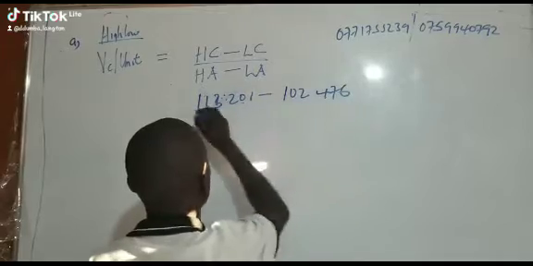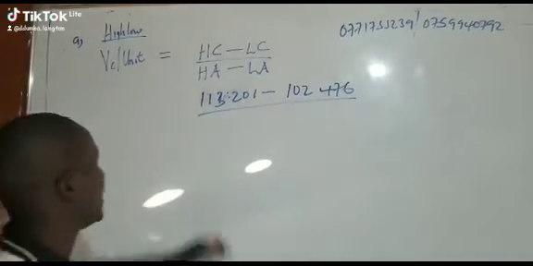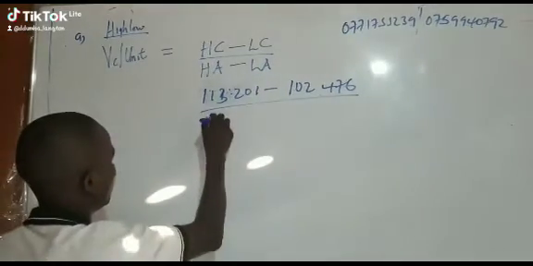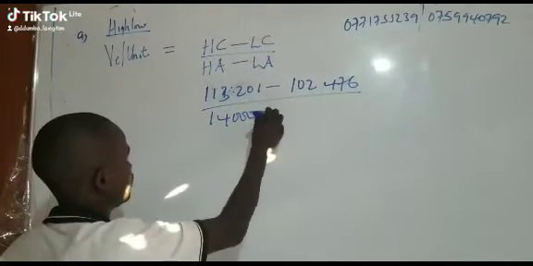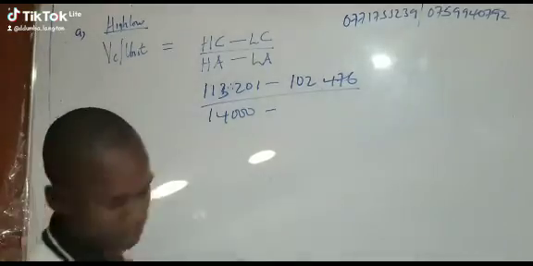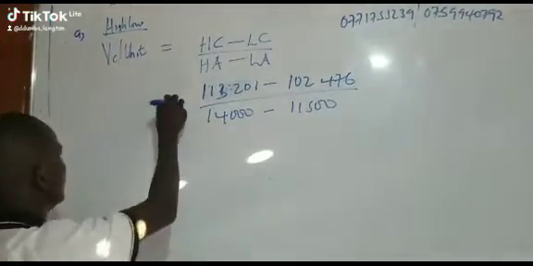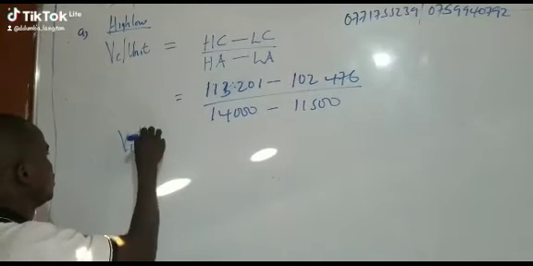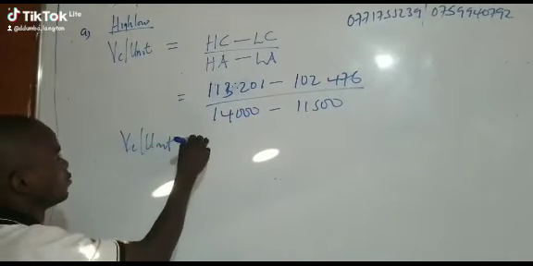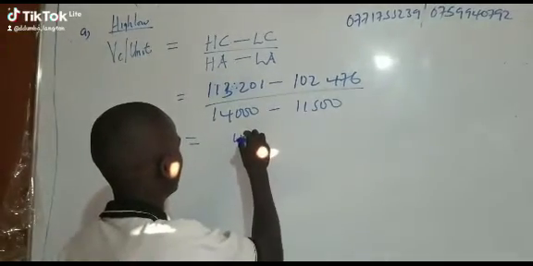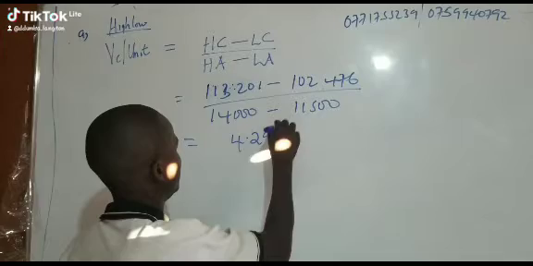So high cost minus low cost. High activity level is the same as output, the highest activity level being 1,500, minus the lowest, 1,400. So when you get this, our variable cost per unit equals 4.29 shillings per unit.